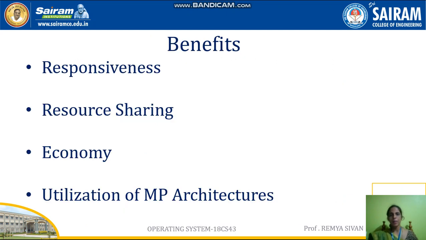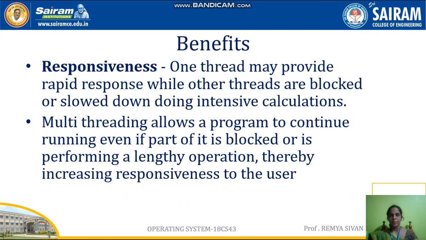The benefits of multi-threaded processes are responsiveness, resource sharing, economy, and utilization of multiprocessor architectures. First is responsiveness. For example, take a web browser. When we open a web page, images come very slowly while data is retrieved very fast. That is the benefit of a multi-threaded browser.